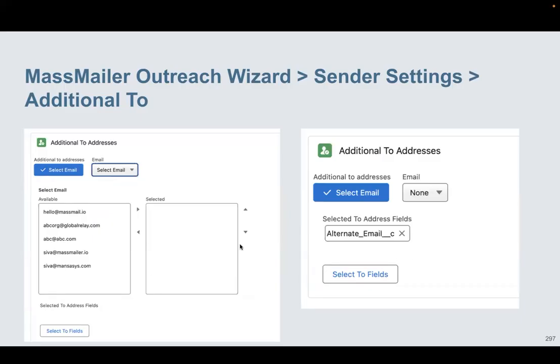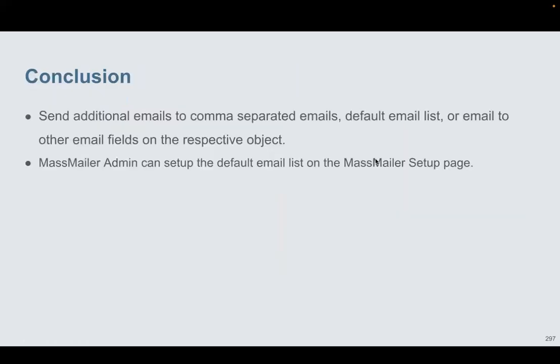I know it may be a little confusing to see all these screens, but once I get into a quick demo, it would be easy for you to understand. When you're adding these additional To email addresses, make sure that you add them as comma separated emails.